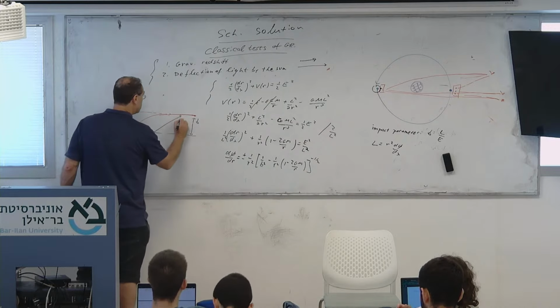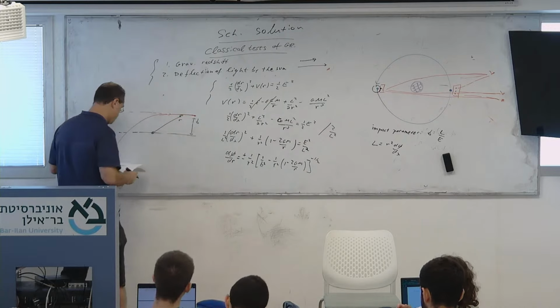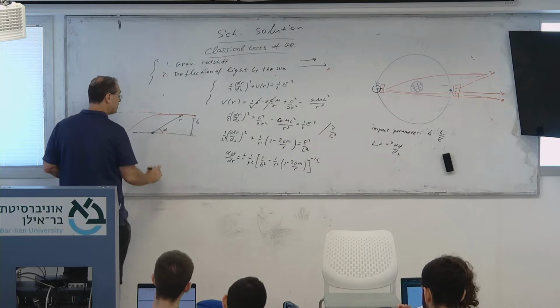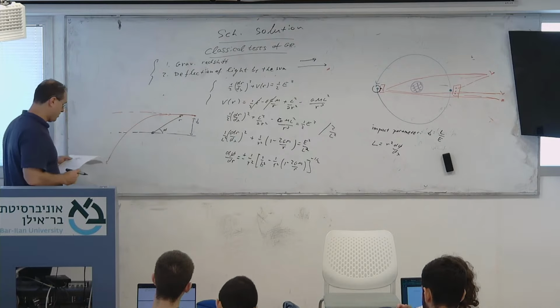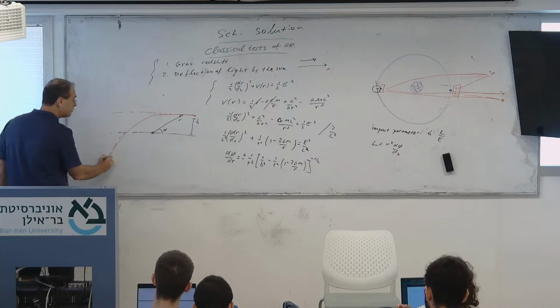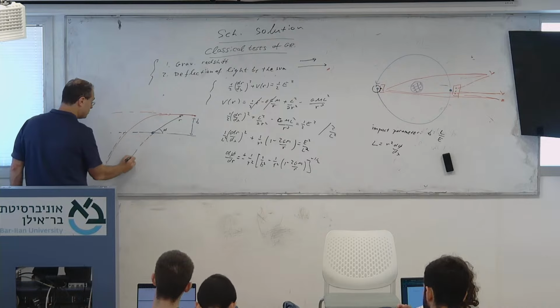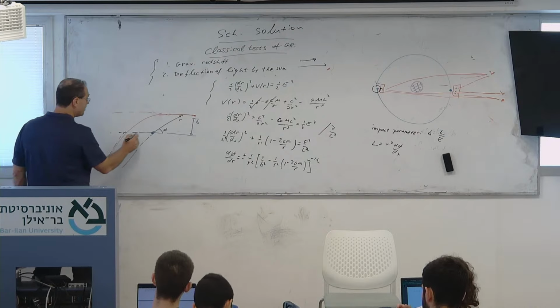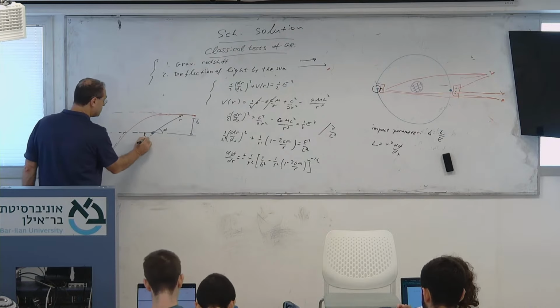This is r. This is phi. And if we take the asymptote, parallel, then this is the deflection angle, delta phi deflection.